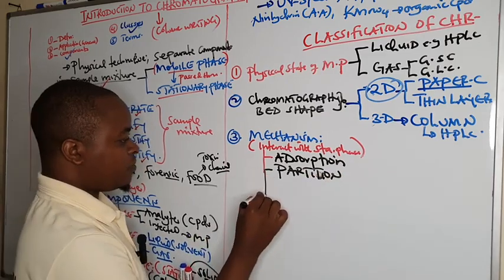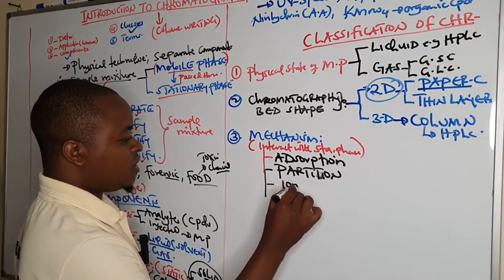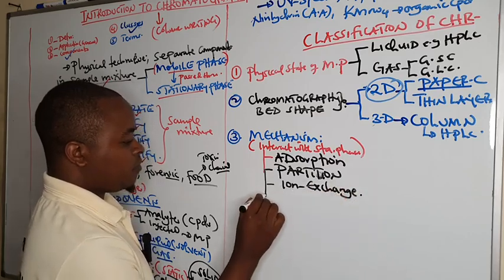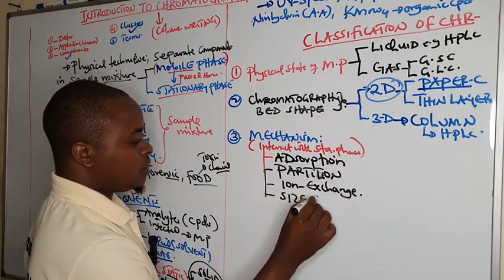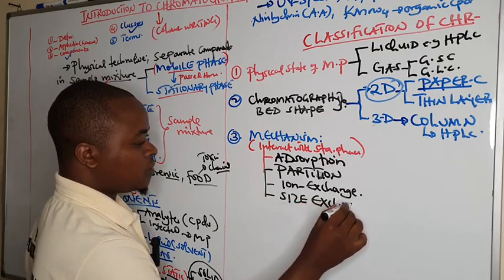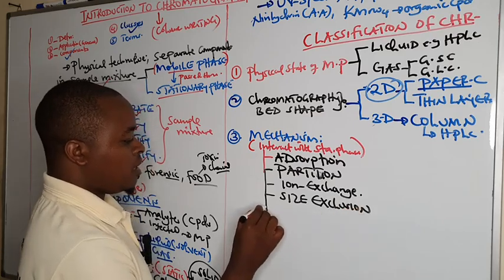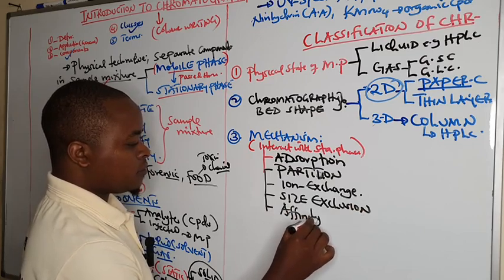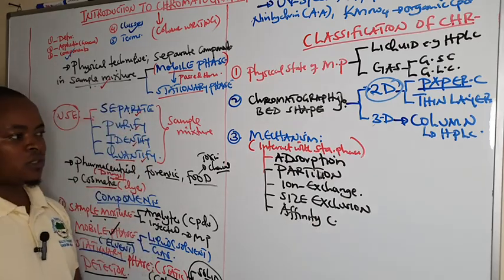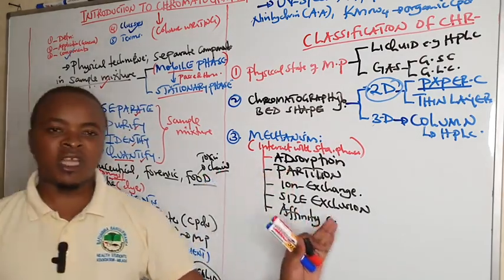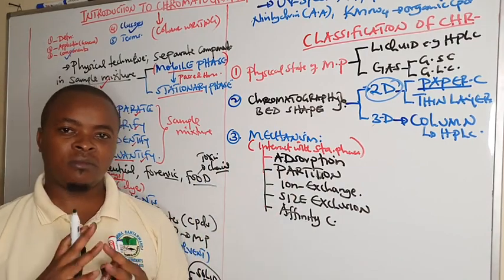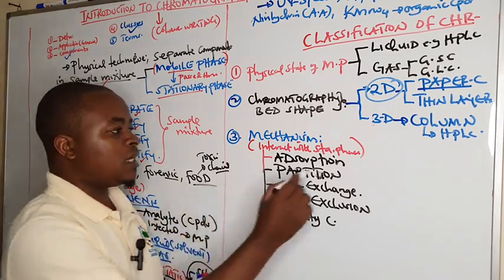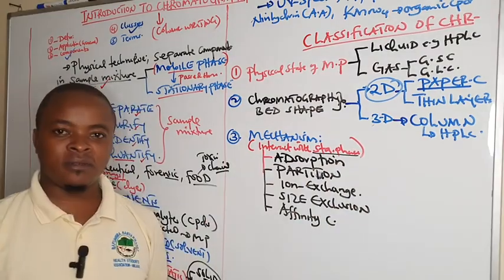We have ion exchange chromatography. We have size exclusion chromatography. And lastly, we have affinity chromatography. So this is classification depending on the mechanism of separation, how these solutes or analytes interact with the stationary phase.